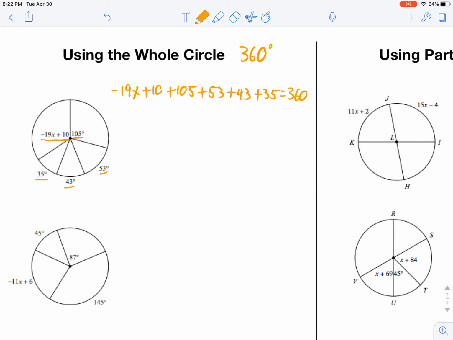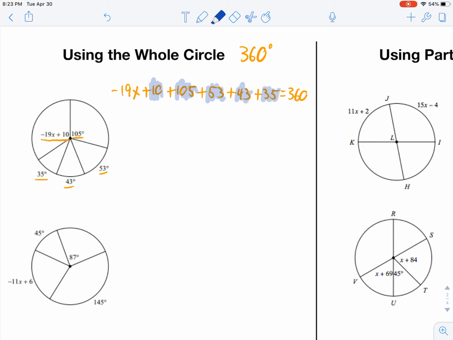Alright, so let's do this guy. We want to be able to make this smaller, and we can combine like terms. So what can we combine? Well, that 10 can go with that 105 because they're both plain numbers. Do I have any other plain numbers? Yeah, I have that 53, and that 43, and that 35. Then I hit the equal sign, and I can't put anything else together.